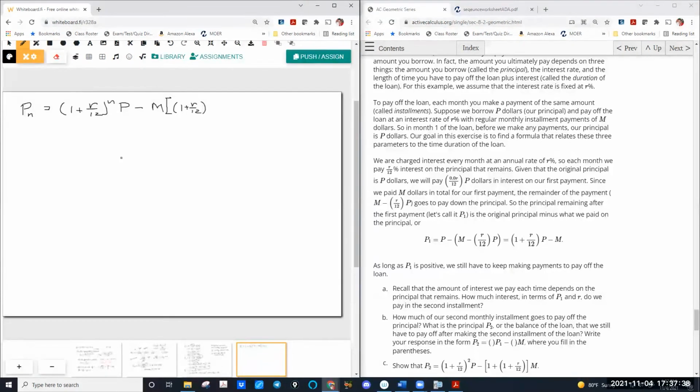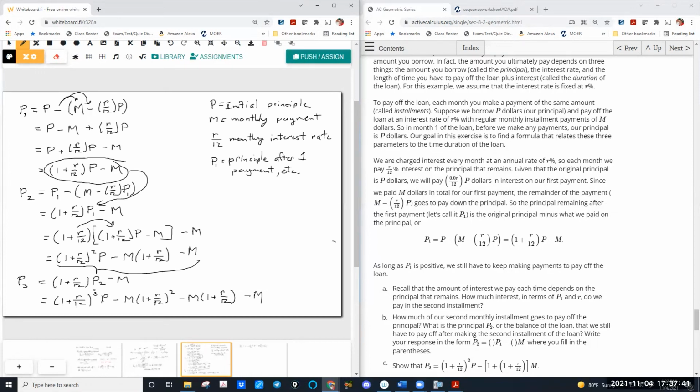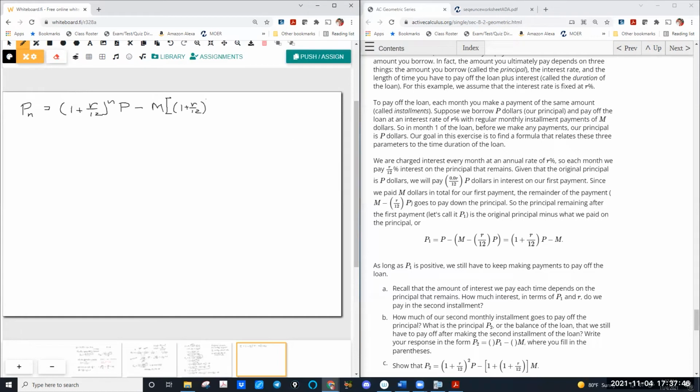Now notice, if this is to the nth power, for instance, this was to the 3rd, the first one was to the 2nd, this one would be to the n minus 1. And we would have all the way down to 1 plus r over 12, and then plus 1. And there are pluses in here because I factored out a negative m. Right there is our geometric series. And this is how a geometric series is going to play into this.